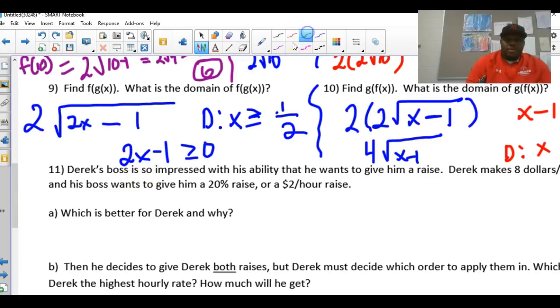All right, so for this problem, Derek's boss is so impressed with his ability that he wants to give him a raise. Derek makes $8 presently, and his boss wants to give him a 20% raise or a $2 an hour raise, okay? So, which is better for Derek and why? So let's go ahead and review the 20% raise.